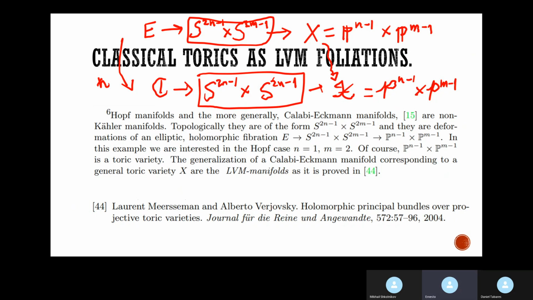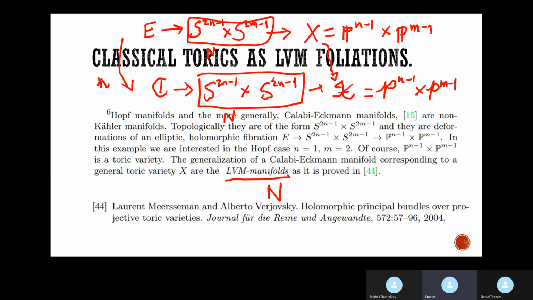Now, if we have here a more general toric variety, arbitrarily general, over the complex numbers, we would get an LVM manifold that we will call N. This is our N in this classical example. In the case of P^(n-1) cross P^(n-1), they are called the Calabi-Eckmann complex manifolds.